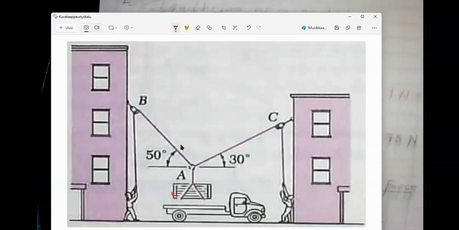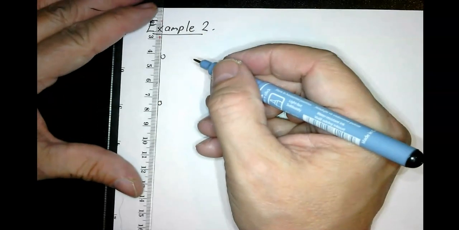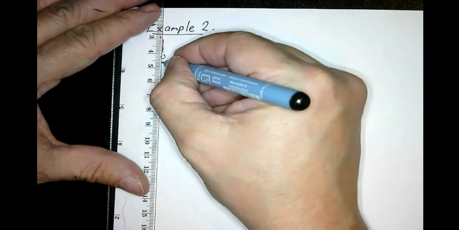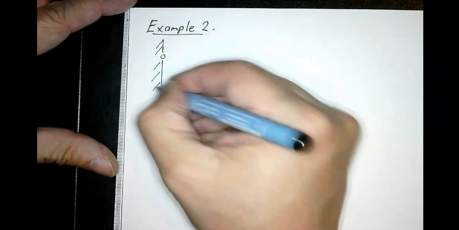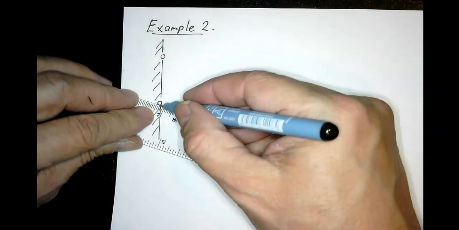I will take an example where we get that kind of result. Let's say we have this kind of situation. Let's think that here is some kind of wall, and then we have this kind of situation.